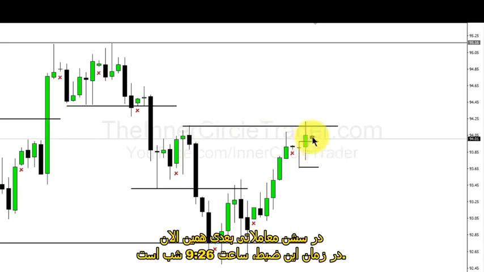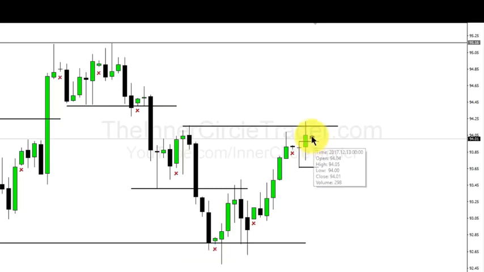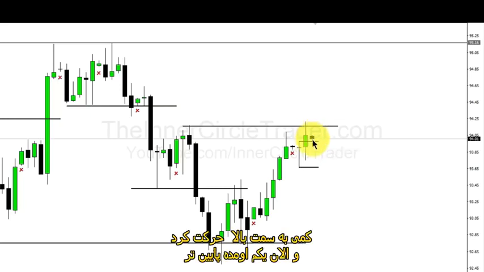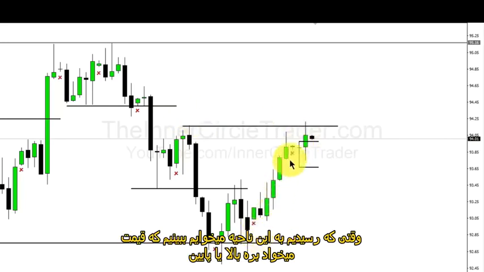Okay, in the next trading session, right now, at the time of this recording, it's 9:26 p.m. New York time on December 12th, 2017, and the candle is already starting here. It opened, had a little bit of movement up, and now we're moving a little bit lower. So it may want to trade a little bit higher, go a little bit higher through this old high, but as we're reaching for these intermediate-term levels on the daily chart, we're factoring in, does it have enough range to reach for it above or below?